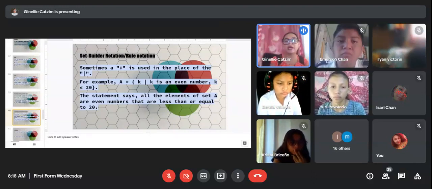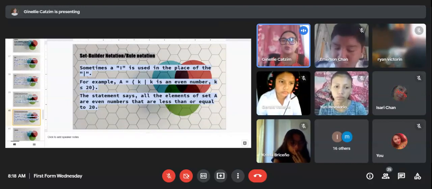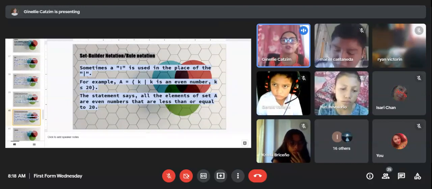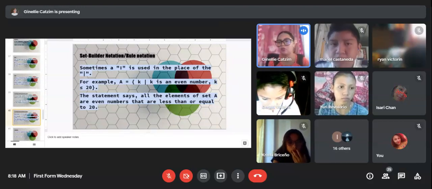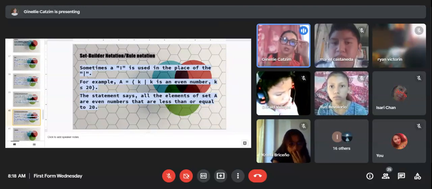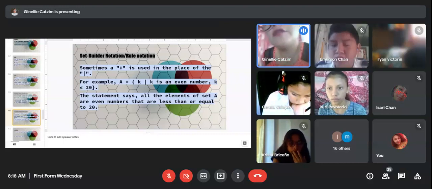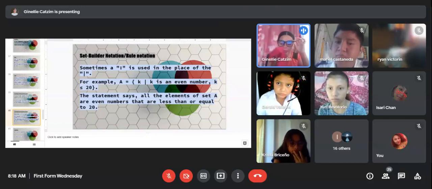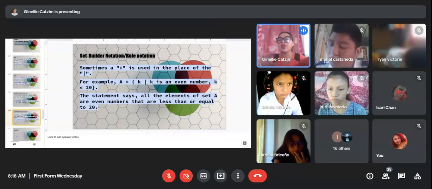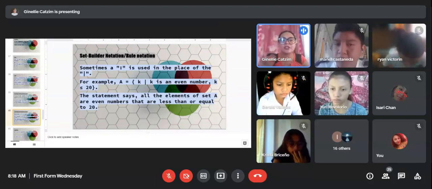Now we have, for example, A equals K, where K is an even number and K is less than or equal to 20. So I noticed that many of you have trouble reading what K and those little less than signs mean.